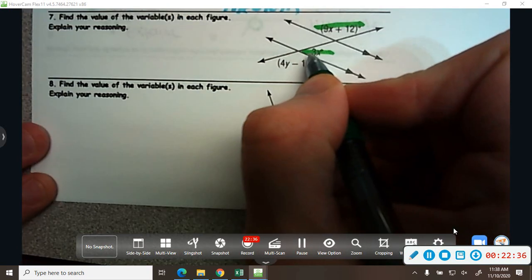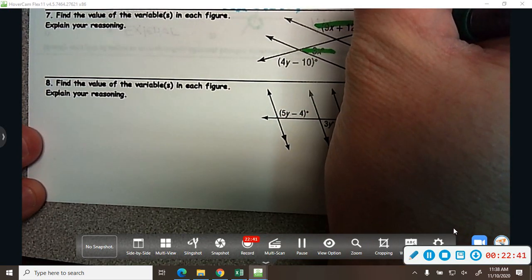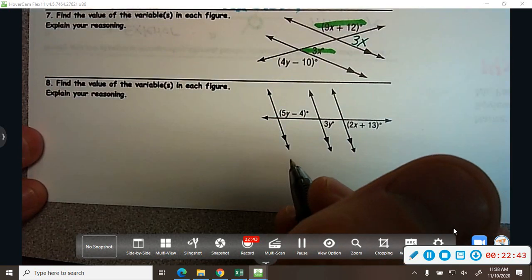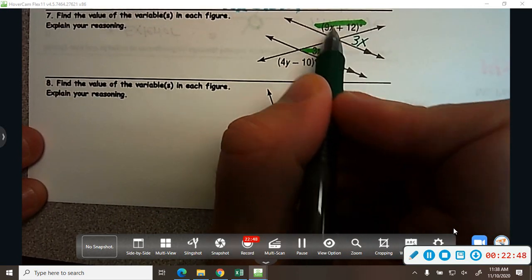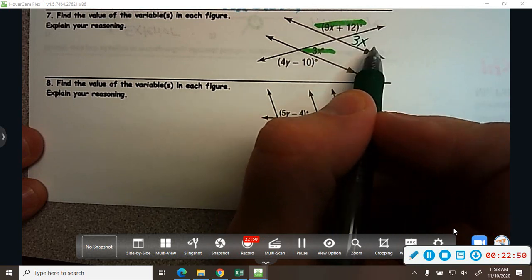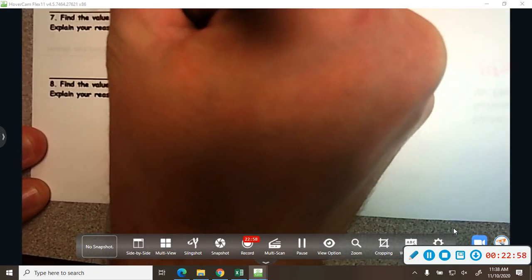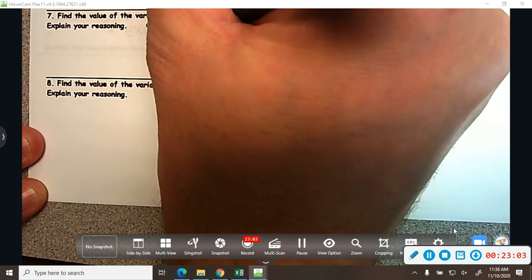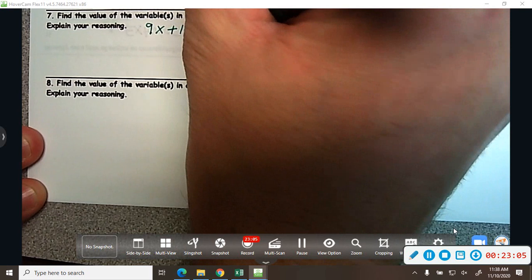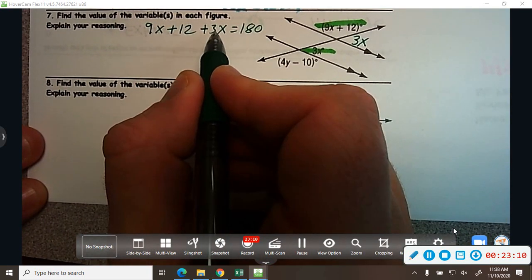So if I know this is 3x, and those are parallel, then I know this is 3x, because they are corresponding. And then I have these two angles that are linear pairs, so 9x plus 12 plus 3x is 180. Solve for x. 9x and 3x is 12x.